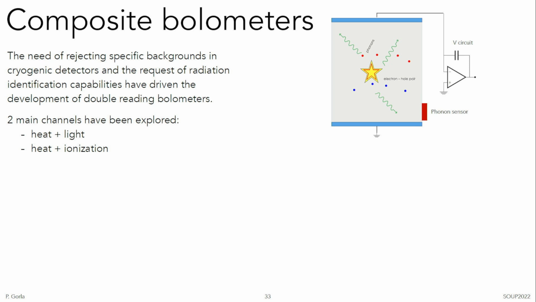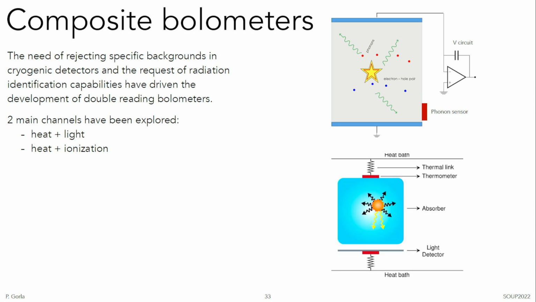In the heat plus ionization, you have a semiconductor operated as a bolometer, so you have the electrode plates, which collect the ions and the electrons inside the diode. And on the other side, you produce phonons that are collected by your phonon sensor.